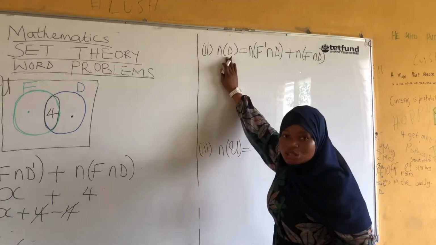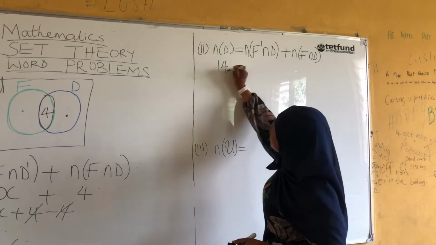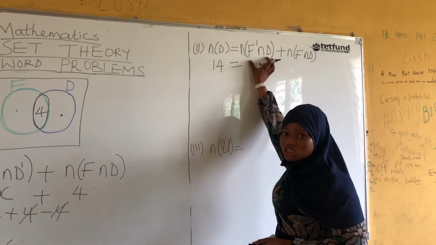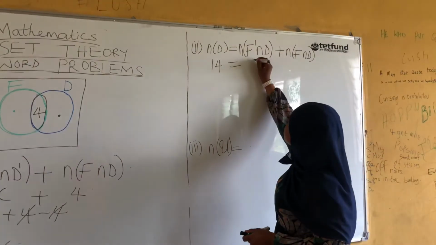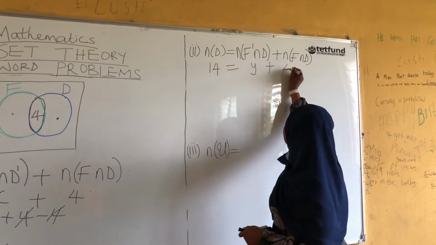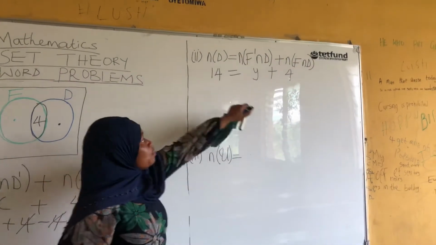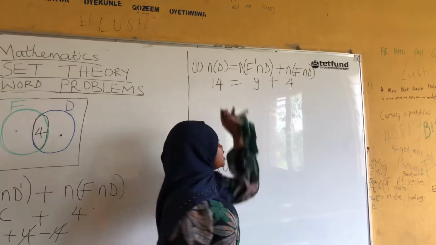And those that dance to disco, we were given to be 14. We do not know this one. This is what we want to find. So let's represent it with Y, plus those that dance to both music was equal to 4. So in order to find Y, we have to subtract 4 from both sides.